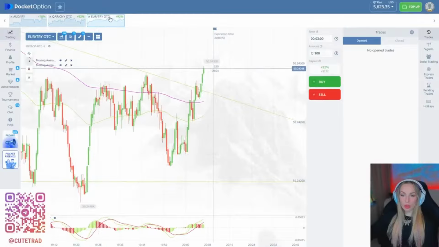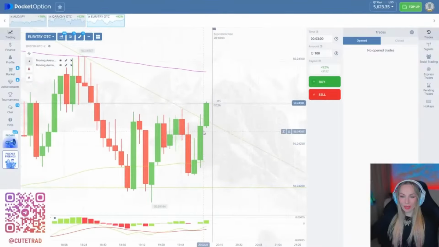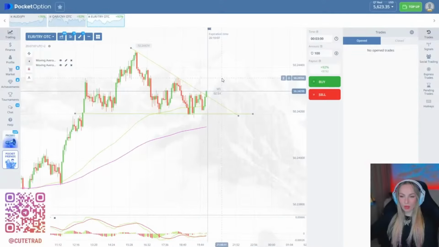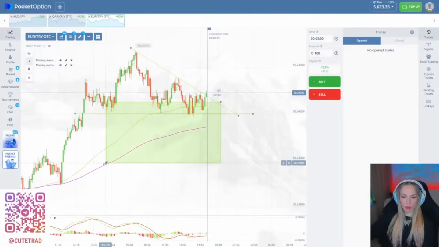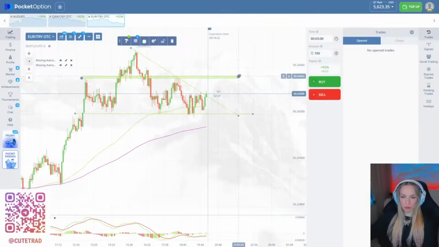And don't forget, oh, the euro here is destroying the resistance that I drew. Oh my god. Okay, maybe it can reach until there, like the previous peak. I can also draw here somewhere there, you see, like that.